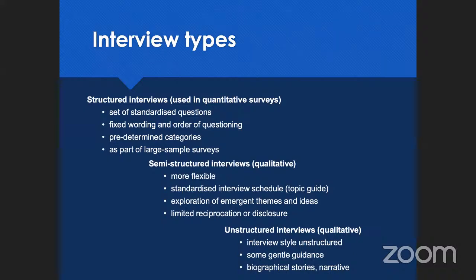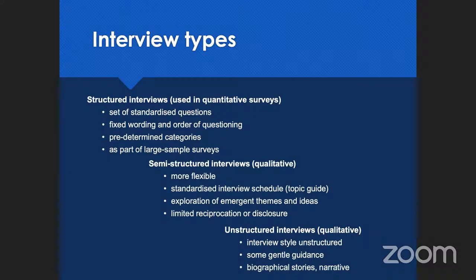While the semi-structured interviews are used in qualitative studies, and are somewhat more flexible with a standardized interview schedule with a topic guide, and have exploration of the emergent themes and ideas with limited disclosure.